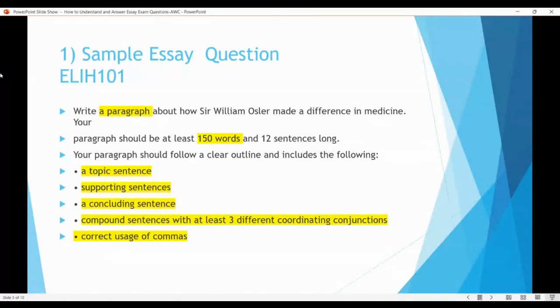So, in conclusion, you can summarize what you have said before, number one. Number two, you can give your opinion, or you can retell the topic sentence using different words.